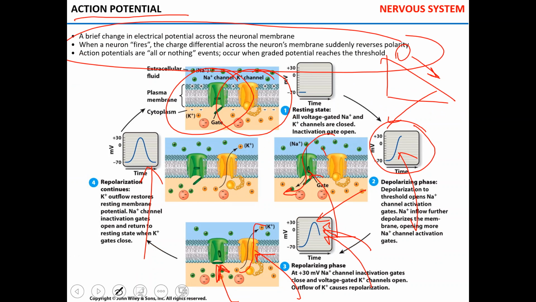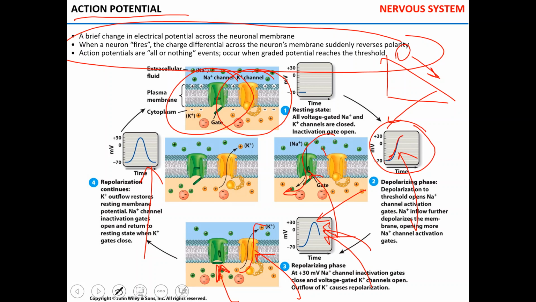Now, what's interesting, action potentials always have the same value, okay? So what does that mean? It means that when this uptick of the potential happens, it will always go to plus 30. Always, no exceptions.